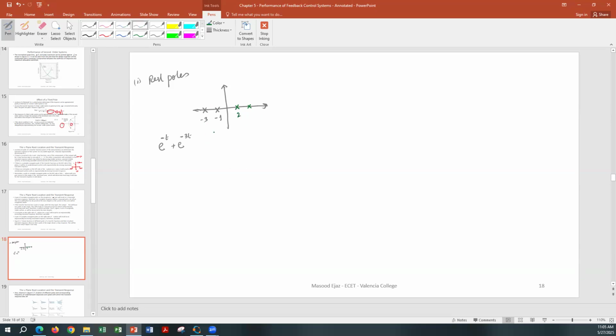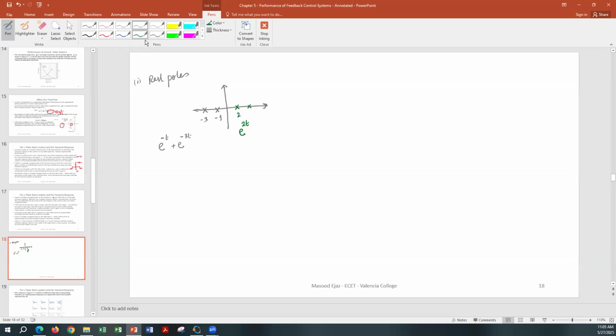So remember, this is s is equal to -3, -1, 2. Then your response corresponding to this will include e to the power 2t. And anytime you have this response, it means that your transient response is going up. So your system is going to become unstable. As time passes by, it's going to start increasing, and the system is going to be unstable.